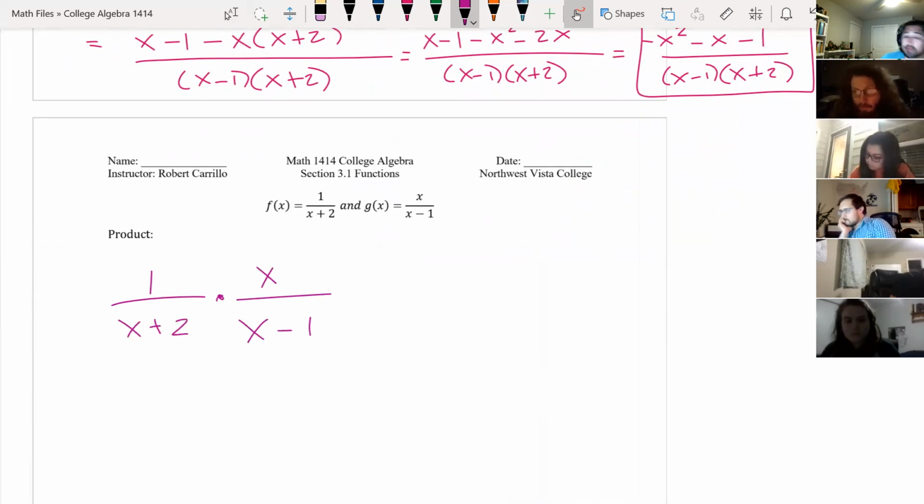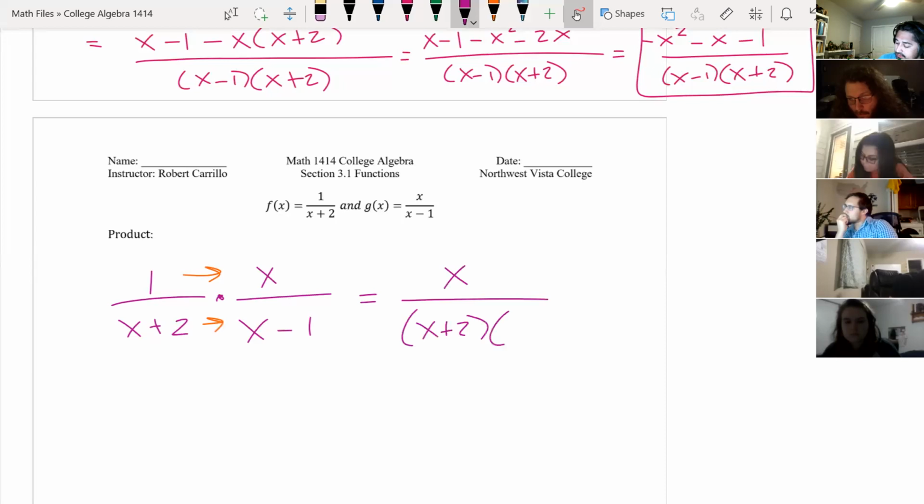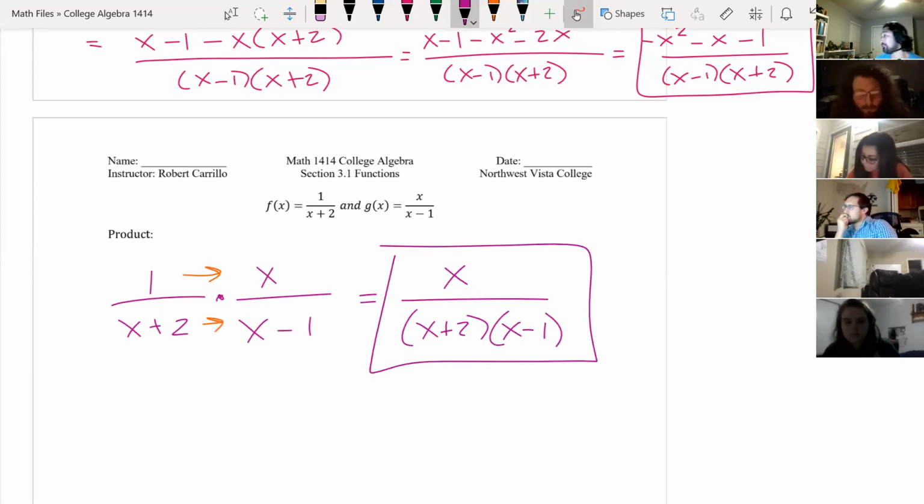And this one's pretty straightforward because remember, when you multiply fractions, you do not need a common denominator. You just multiply straight across. And we get x over x plus 2 times x minus 1. Now that was nice. And our domain stays the same. x can't equal -2 and x can't equal 1.